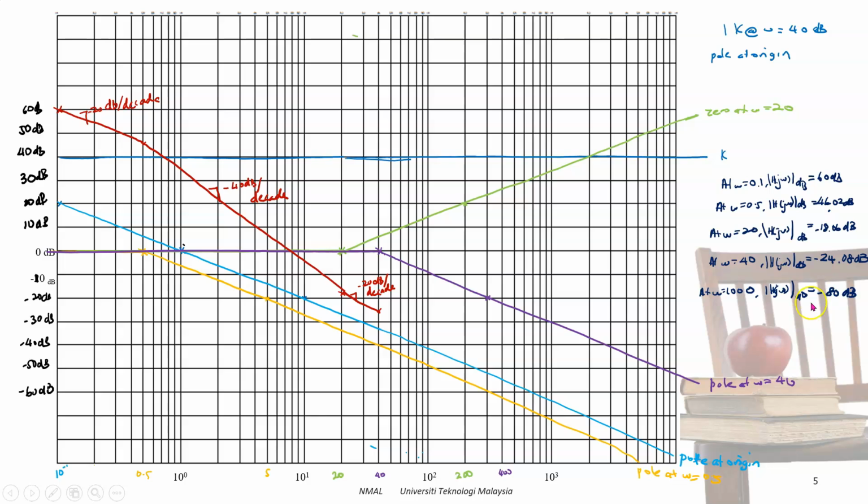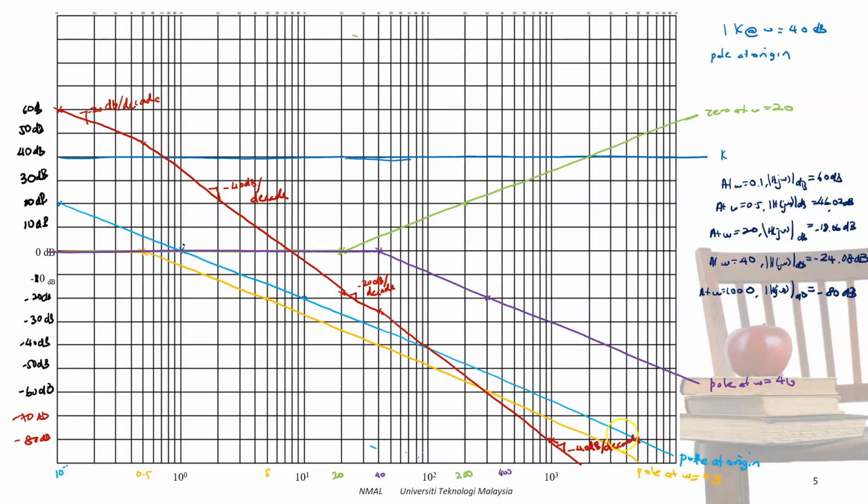I haven't drawn negative 80 dB here. It should be negative 80 dB, so at 1000 here, it should go to negative 80 dB, which is here. So now we plot another plot. Why has the gradient changed now? The gradient is negative 40 dB over decade.